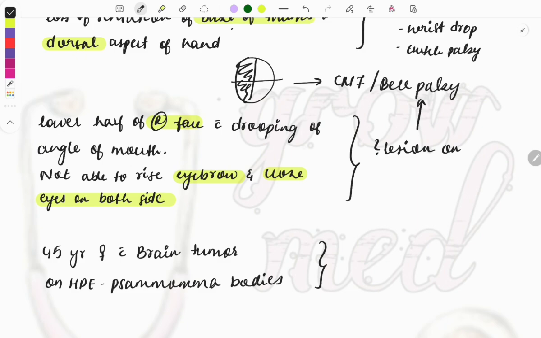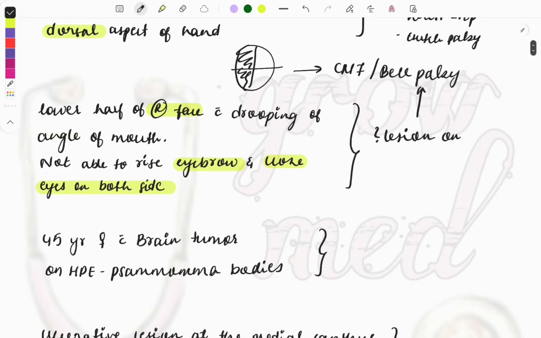Now they are asking where the lesion is due to which this is occurring. So see, a lower motor neuron lesion is involved because both the upper half and the lower half of the face are involved. If it were an upper motor neuron lesion, only the lower half of the face would be involved. As both are involved, it will be lower motor neuron. Now we should look at the location.